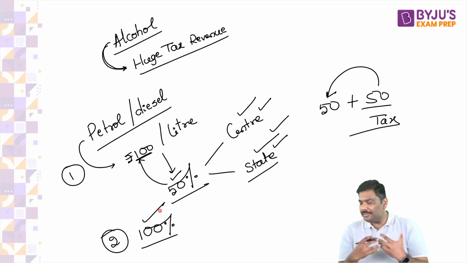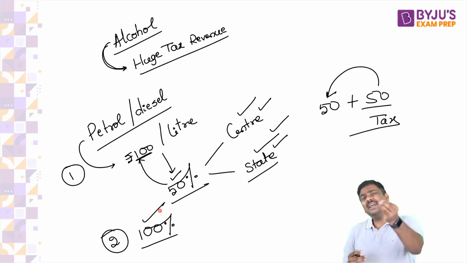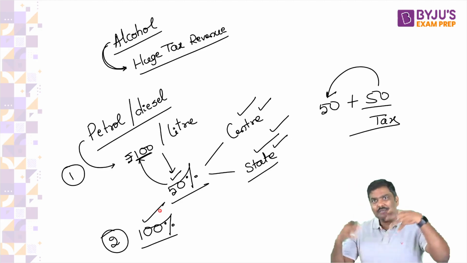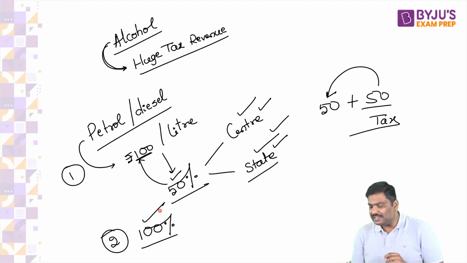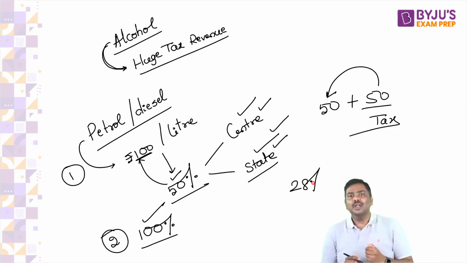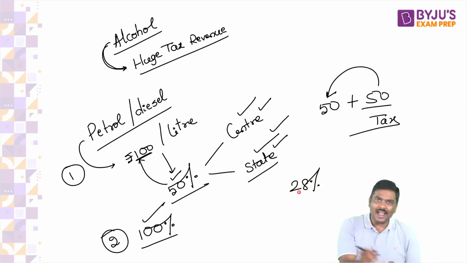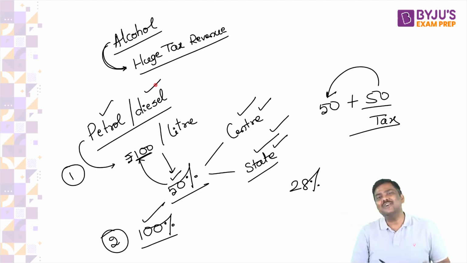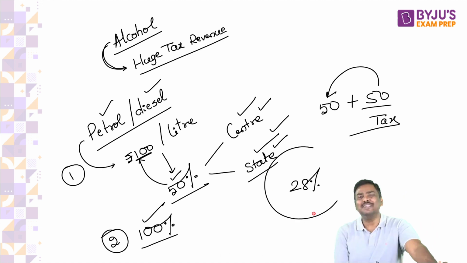Now, please tell me, what is the maximum rate under GST as of now? 28%. So now have a look at this. If you bring petrol and diesel under GST, the maximum rate would be 28%.